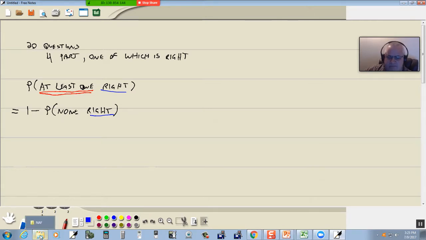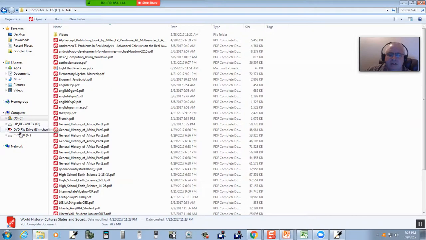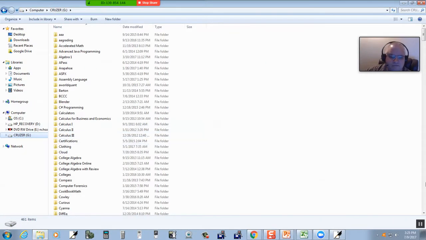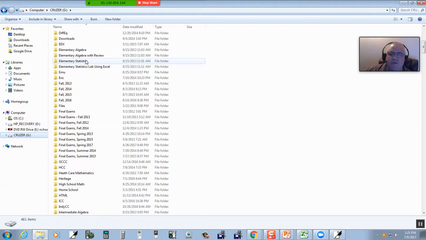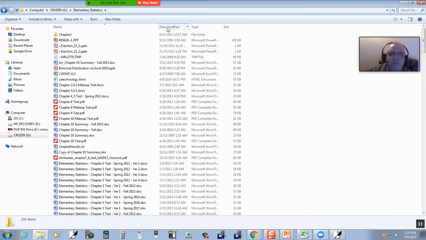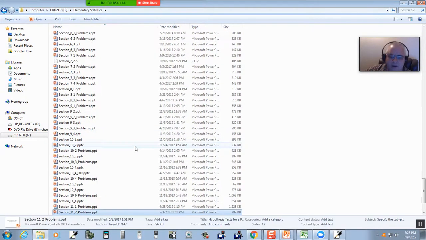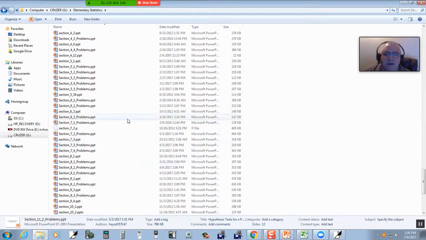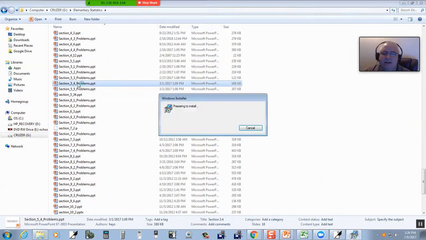Let me bring up the formula here. That might help. Assuming I can remember which section it's in. This is from a different book, so don't be looking at 5.4 in yours or 5.3.